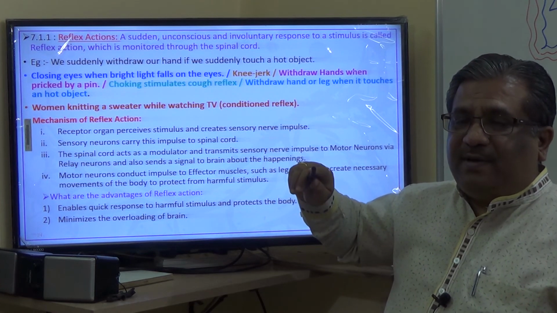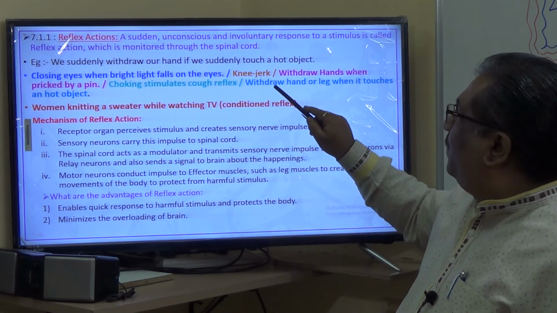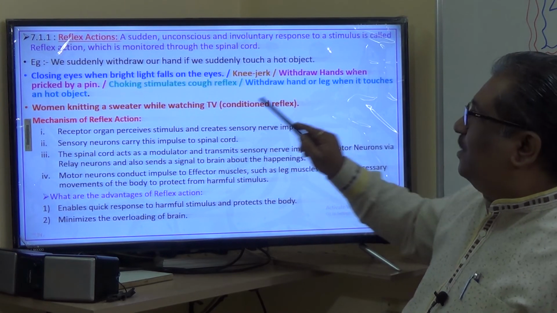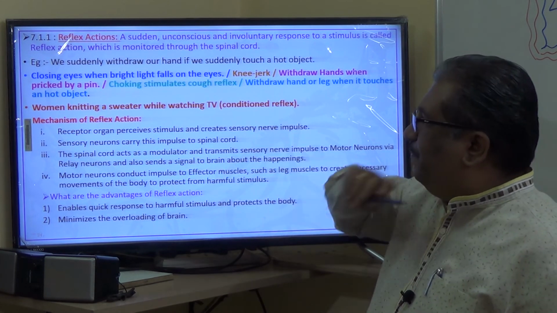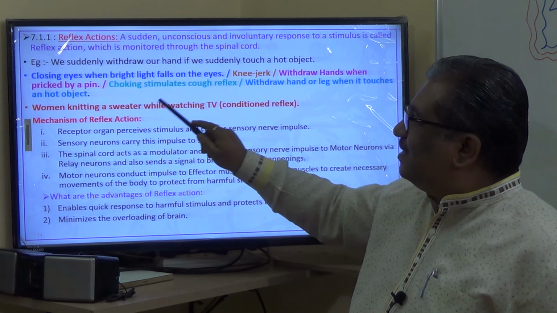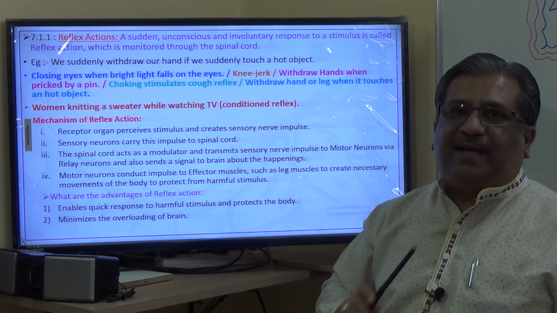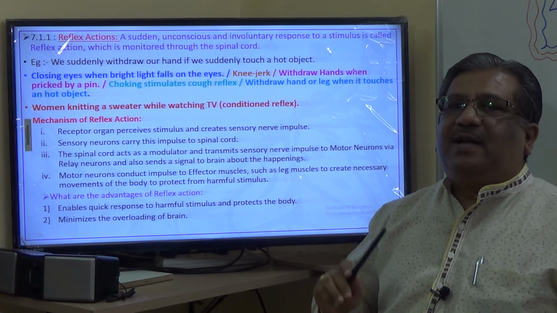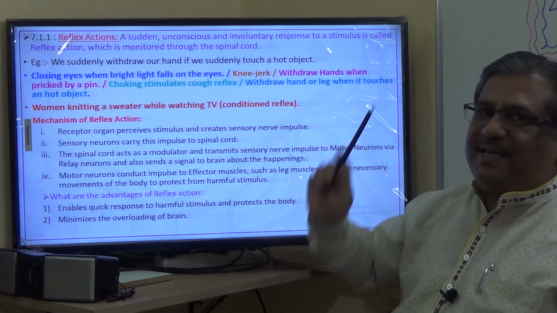If a lot of smoke is there, then cough is a reflex due to choking. Withdrawing hand or leg when it touches a hot object is the most common example of a reflex action. And a woman knitting a sweater while watching TV is also a reflex action, but it is called a conditioned reflex action.